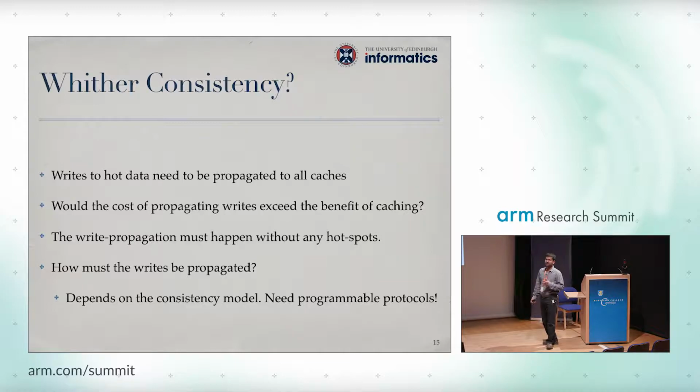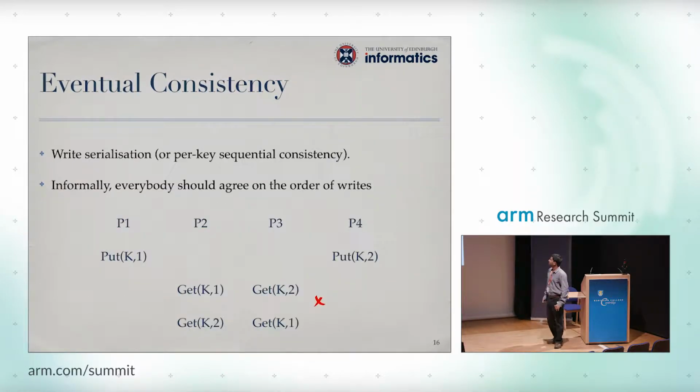So what we started with was looking at two of the consistency models. In particular, we first looked at eventual consistency. Eventual consistency has various definitions in the literature, and what we used was a particularly strong interpretation, which is write serialization. If you're an architecture person, think of it as per-key sequential consistency, which is similar to the requirements of coherence in shared memory multiprocessors.